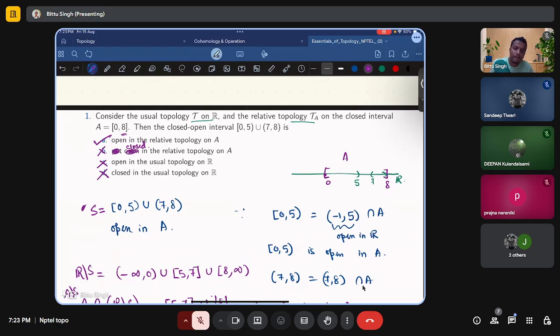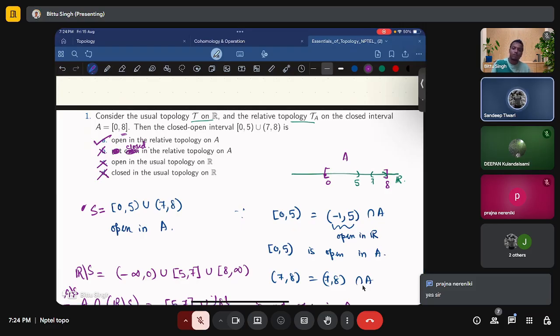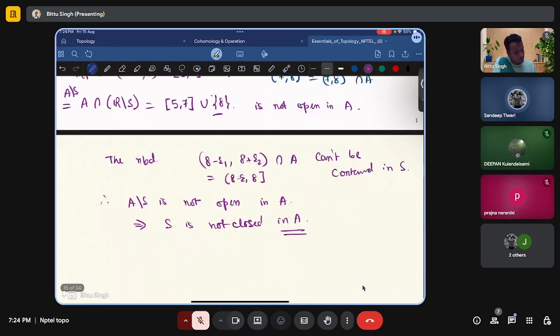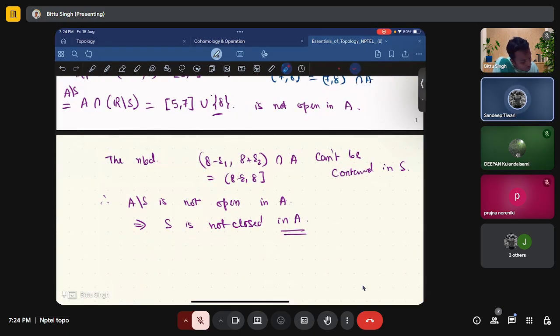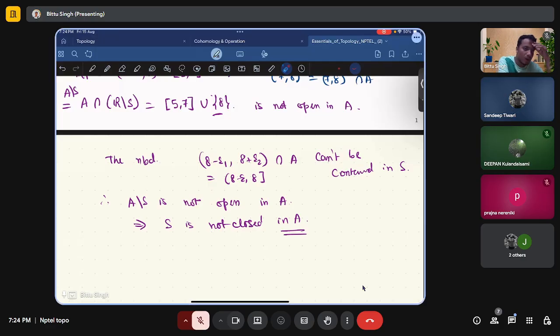Is it clear? Sir, you have taken some particular type of neighborhood. You should have proved that there does not exist any neighborhood. Exactly. Why I am choosing this, because it is enough to choose a basis only.